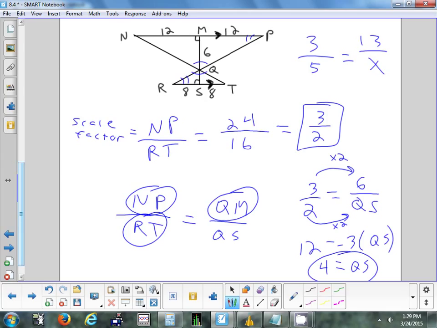But if you get stuck, just go back to your cross multiplying. Okay, so any question on that idea? If you scale up the sides, you scale up everything. The altitudes, the medians, every special segment in the triangle.